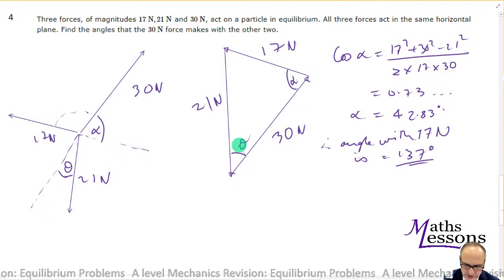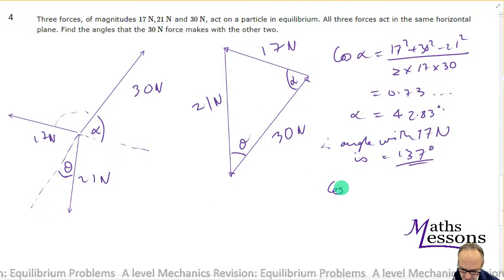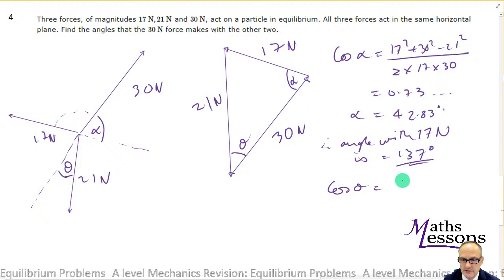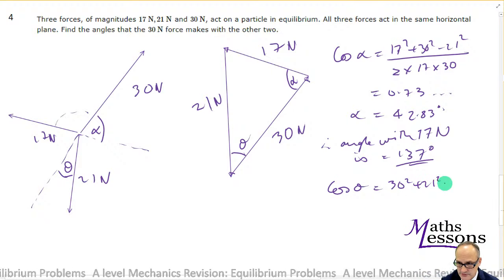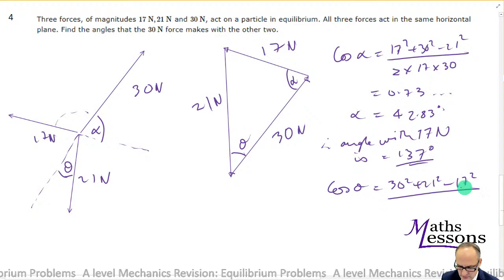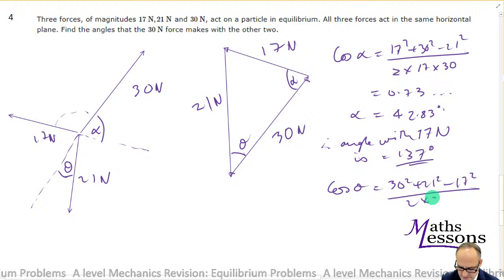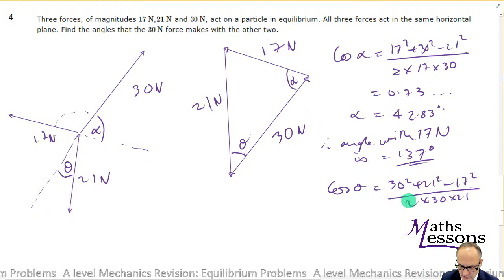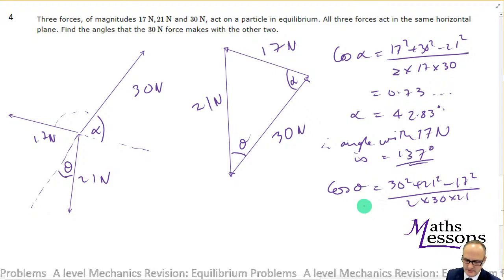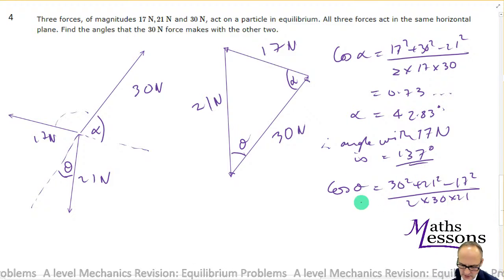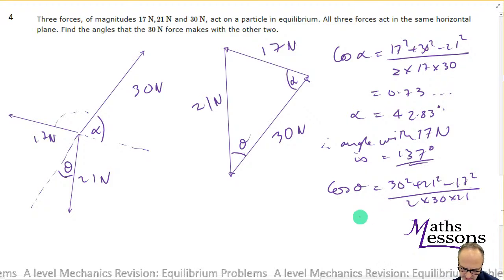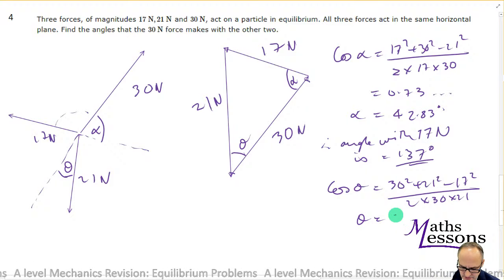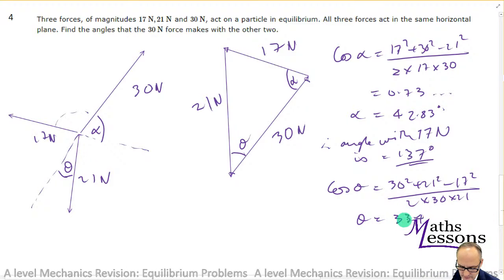Then cos theta is exactly the same idea. That gives us 30 squared plus 21 squared minus 17 squared, all over 2 times 30 times 21. You may or may not know the rearrangement of the cosine rule. You can just write out the cosine rule in full and rearrange it to get this. When you've done all of that, you get theta is equal to 34.34.